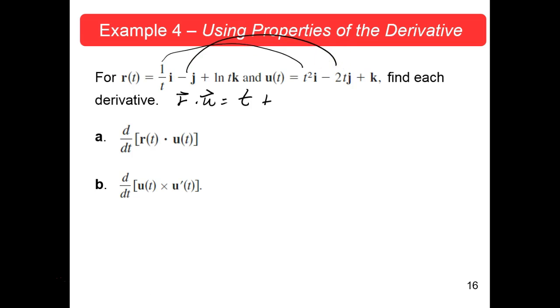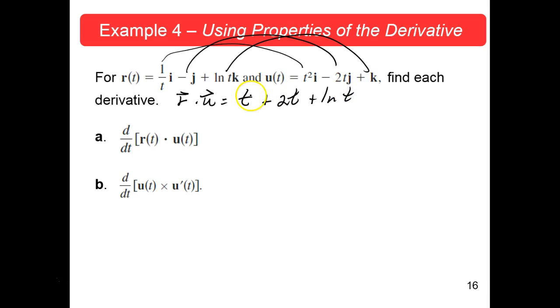2t. Negative 1 times negative 2t would be positive 2t, right? And what do you get when you multiply those two together? Yeah, log of t plus log t.